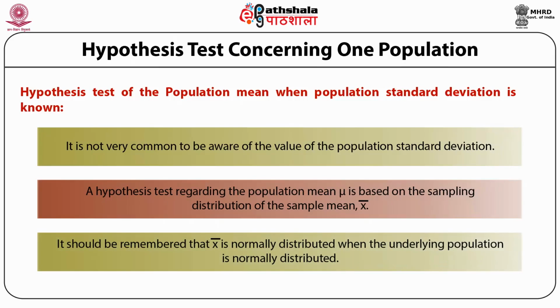It should be remembered that x bar is normally distributed when the underlying population is normally distributed. If the underlying population is not normally distributed, students, then by the central limit theorem, x bar is approximately normally distributed if the sample size is sufficiently large, or when the sample size is greater than or equal to 30.